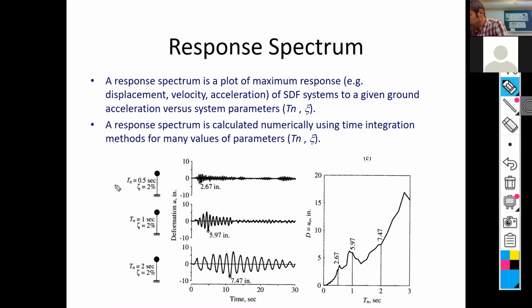So this is the structure that we were looking at before. We calculated the response of the structure in time, right?